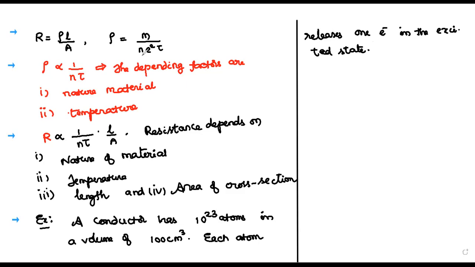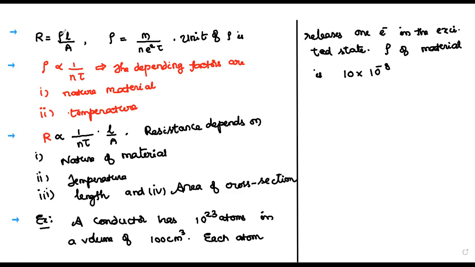Mass of electron, charge on electron, you know. Then the resistivity rho of the material, given to you, is say 10 into 10 power minus 8. Of course, we forgot to write the unit of resistivity. What might be the unit of resistivity?